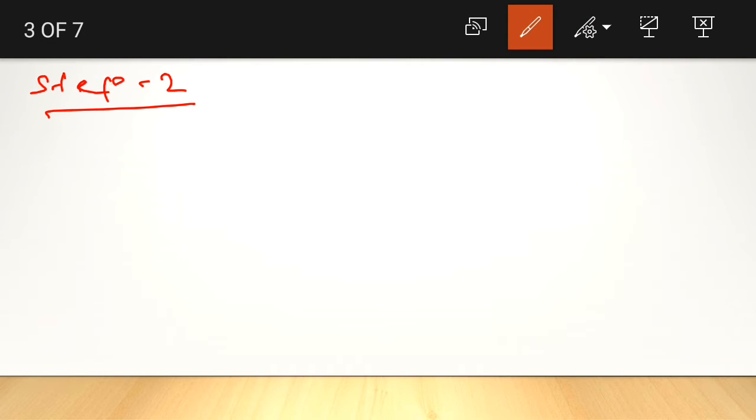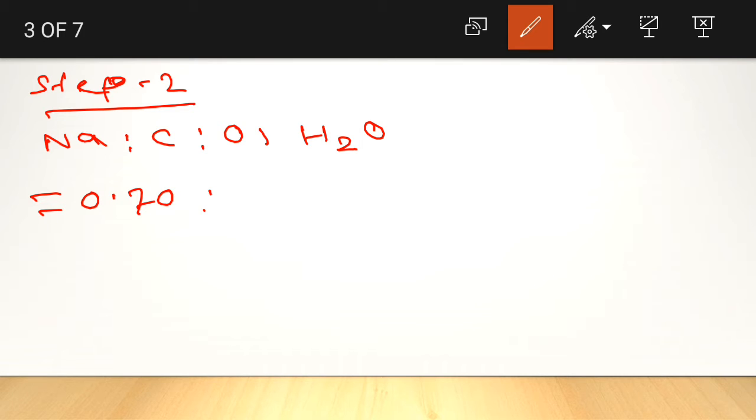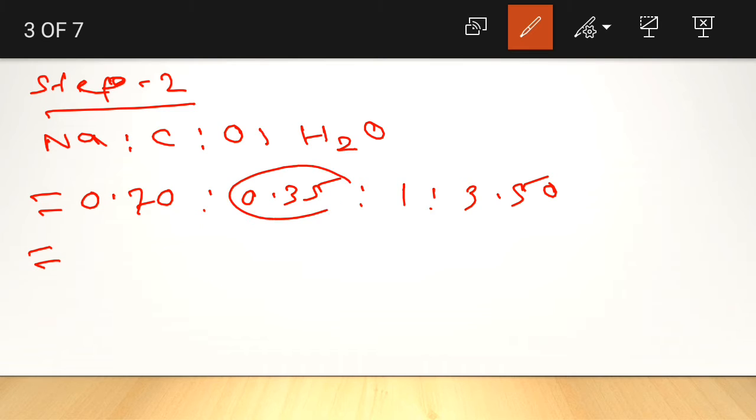Now in step 2, for sodium, carbon, oxygen and water, the ratio will be 0.70 is to 0.35 is to 1 is to 3.50. So you have to divide all of the ratio by this lowest number.